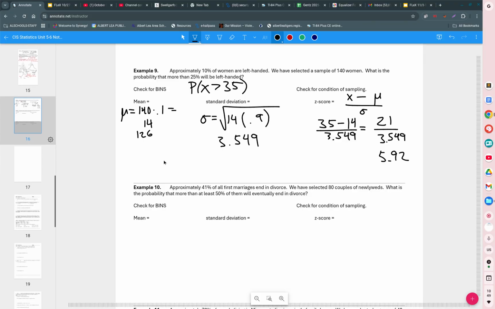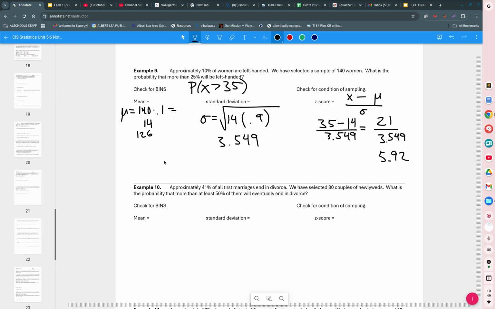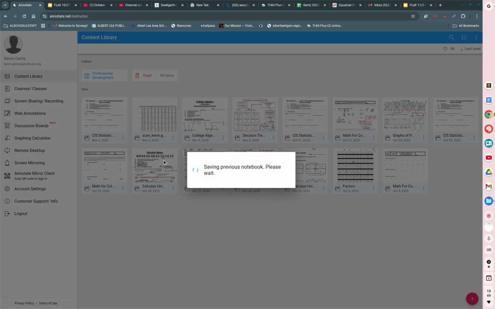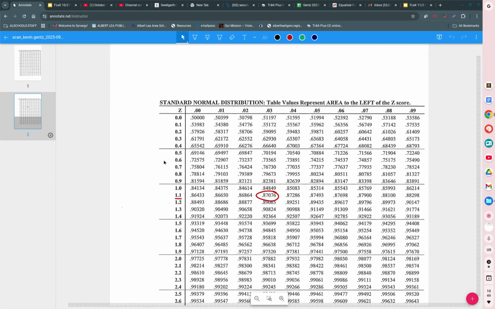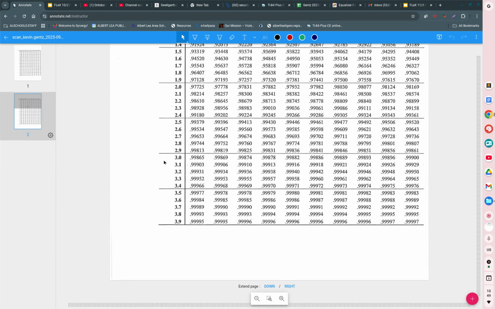Let's look at our chart here. Do we have a 5.92? What decimal would you use to represent 5.92? 0.99999? Exactly.